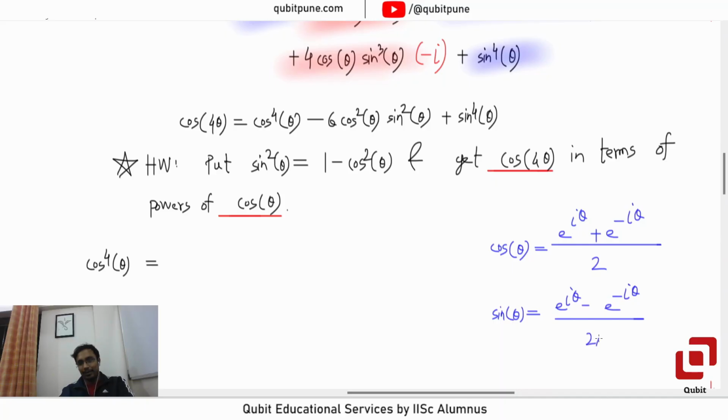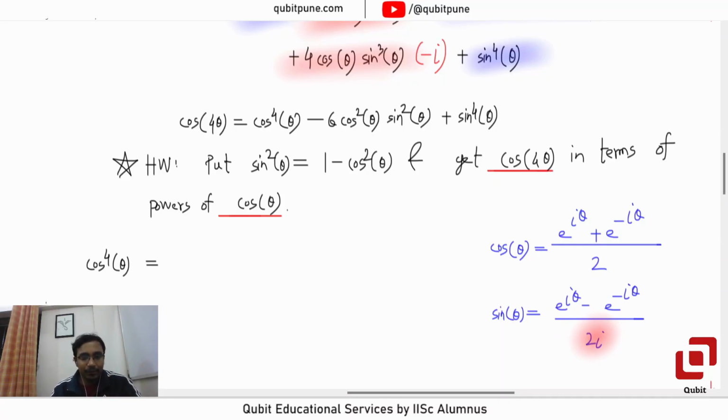Those are the formulae that are important. Cos theta is e raised to i theta plus e raised to negative i theta, by 2. Sin theta is e to the power i theta minus e to the power negative i theta, upon 2i. That i should not be forgotten. For cos it's fine, but for sin theta we have to divide by 2i, because we actually get 2i sin theta.